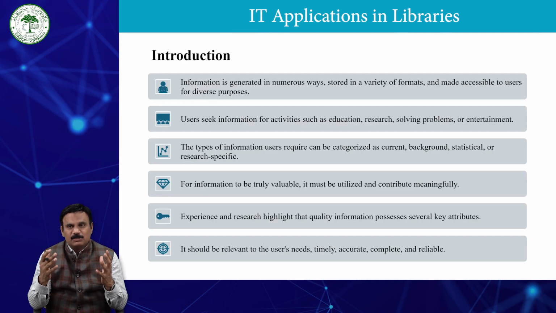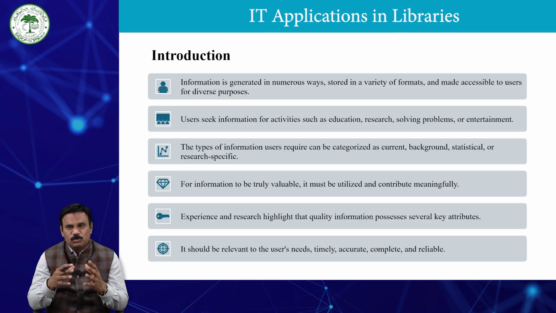Information is generated through various processes, preserved in multiple formats, and provided to users for a wide range of purposes. People seek information for activities like education, research, problem solving, or entertainment. The information users require can be classified into categories such as current information need, background information need, statistical or research focused information.